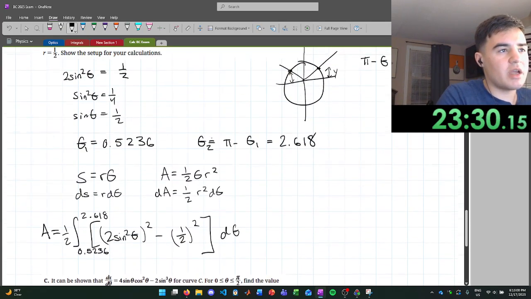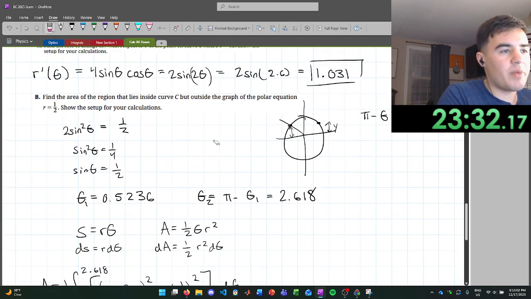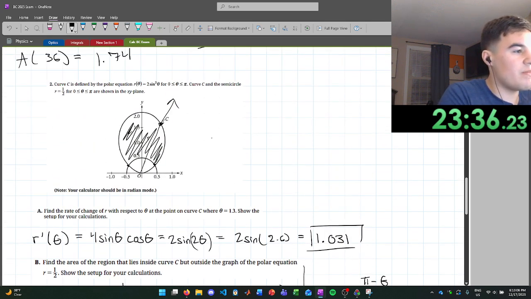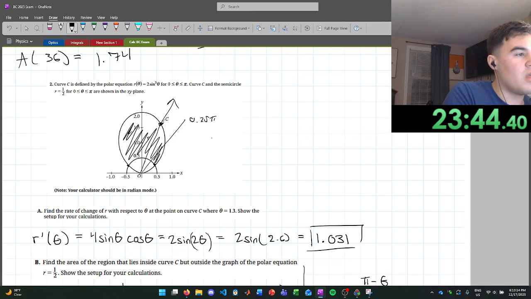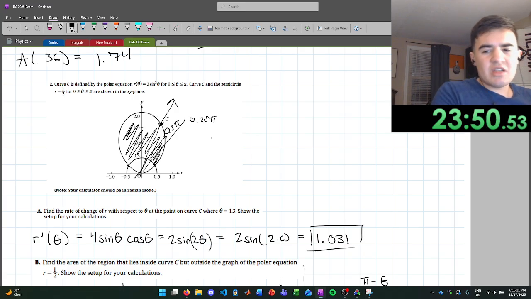So pi over 4 is 0.25 pi, which would be a line that looks like this. We want a little more, like 0.3 pi. So that seems about right for this answer, I'm assuming.